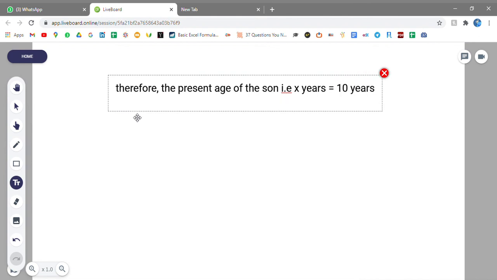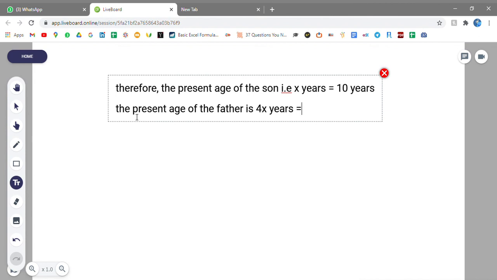And the present age of the father is 4x years, which is equal to 4 into 10, equals 40 years.